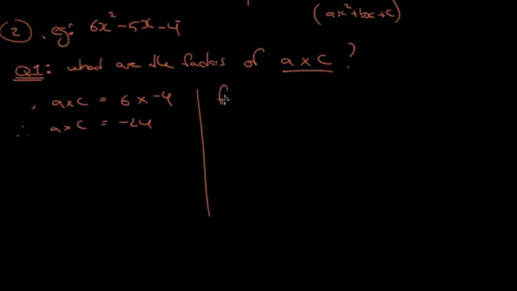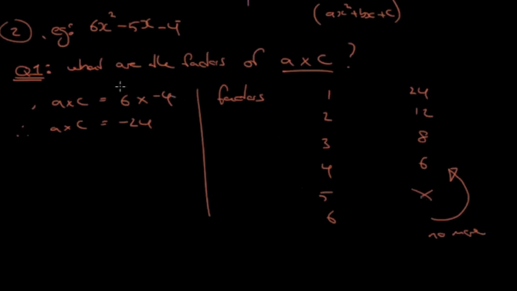So we can say factors are 1, 24, 2, and one of them's got to be a negative, 2, 12, 3, does 3 go into 24? Yes. 8, 4, does 4 go into 24? 6, 5, no, 6, and that's there. So, no more.